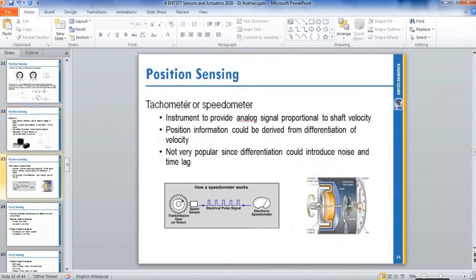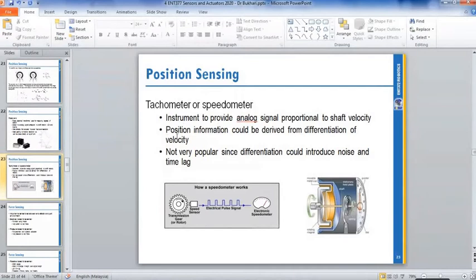Okay. Tachometer, speedometer. This one we normally use in a car. We don't have a robotic arm that can turn 360 degrees. Normally a robotic arm can turn about 270 degrees, something like that.